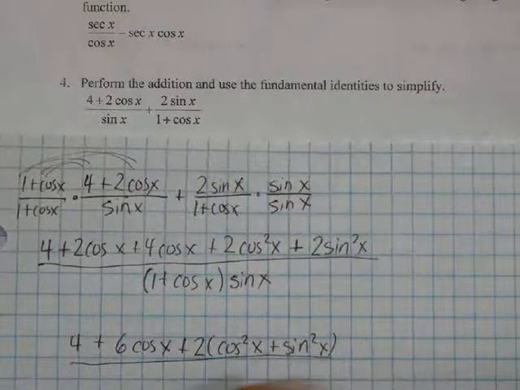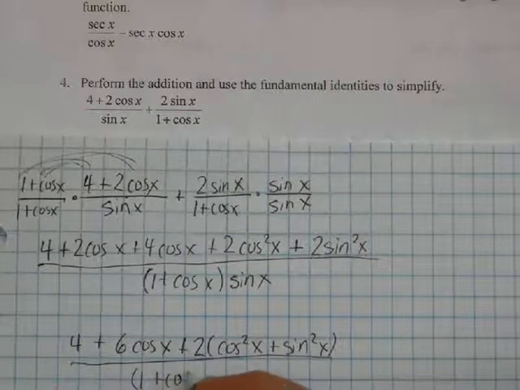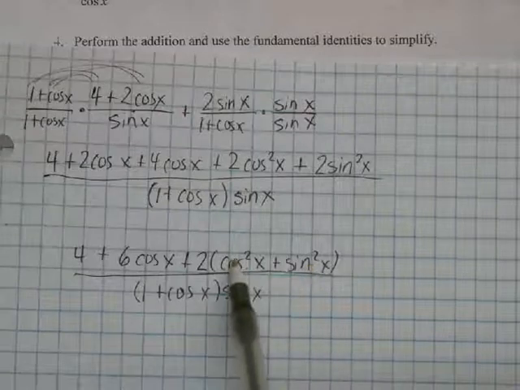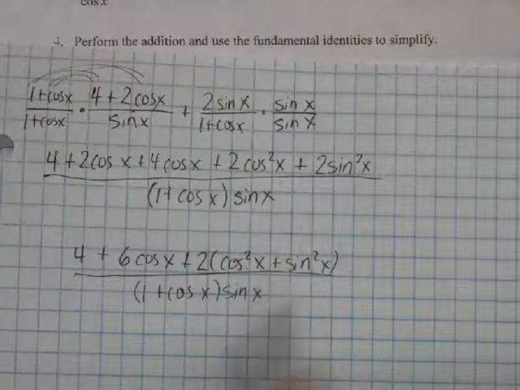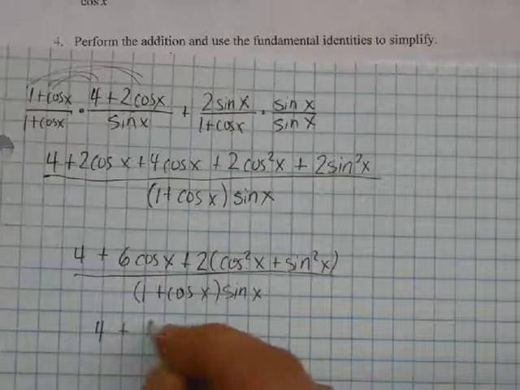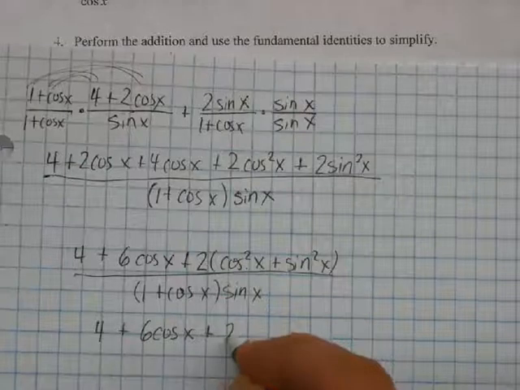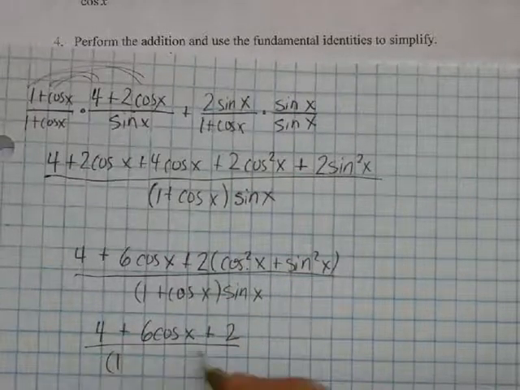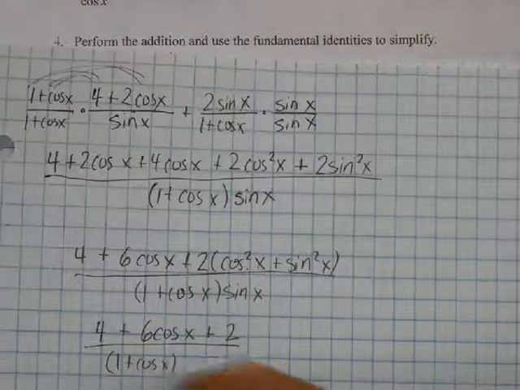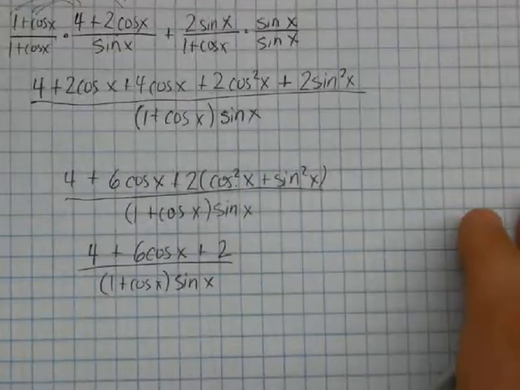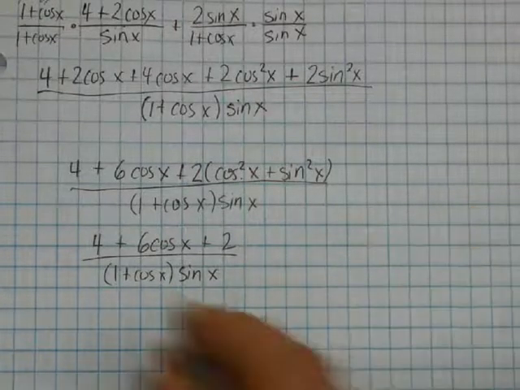And notice how I factored out the 2 from the cosine squared and the sine squared. The reason I did this is because I recognize that sine squared plus cosine squared is equal to 1. So I can rewrite this as 4 plus cosine x plus 2 all over 1 plus cosine in parentheses times sine x. Four plus 2 is 6.